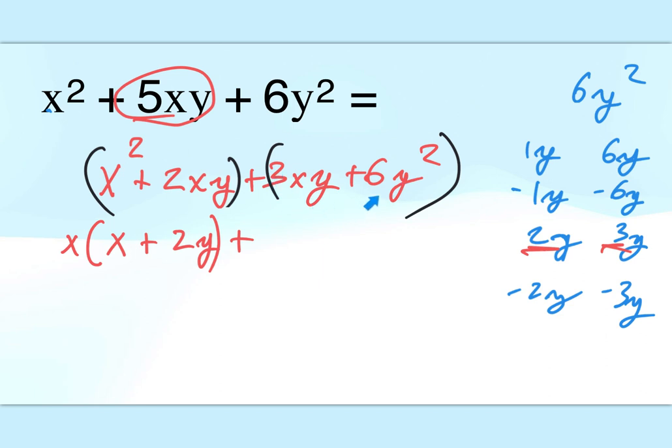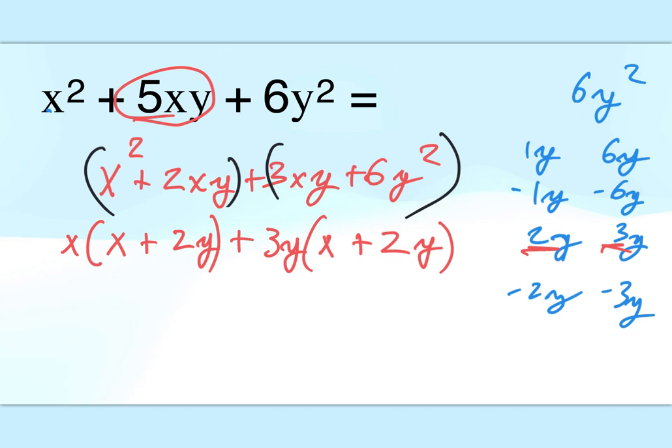What do both of these terms have in common? 3 and a y. They both have a y in it. So 3y will divide out. And when I divide 3y out of here, the 3's reduce, the y's reduce. I'm left with just the x. When I divide the 3 out of 6, that's 2. I take one of the y's out of y squared and I get y.